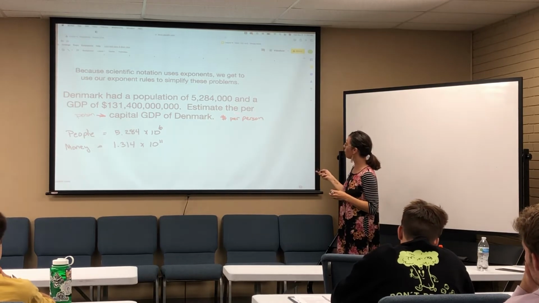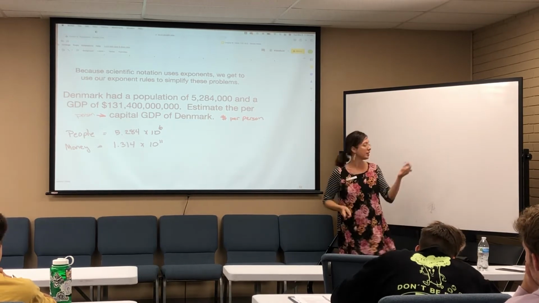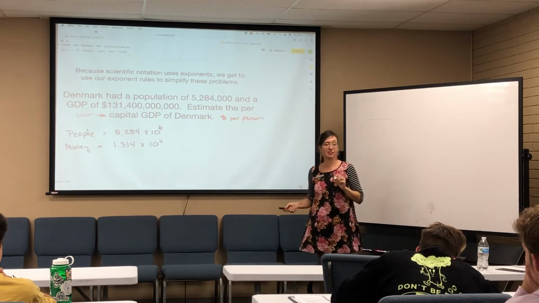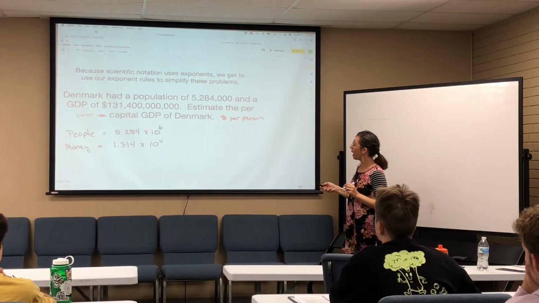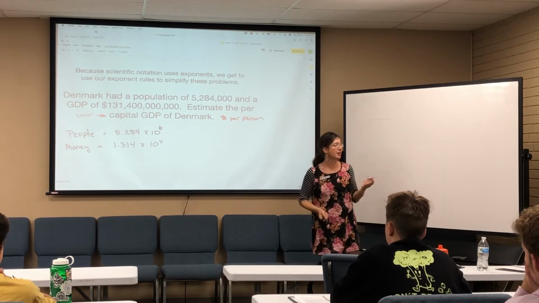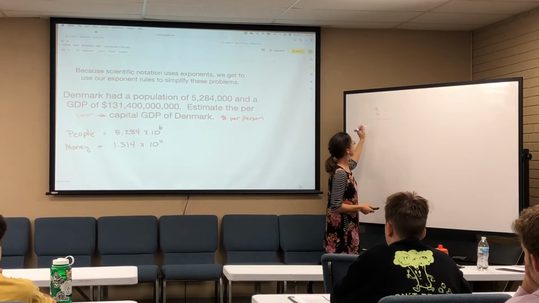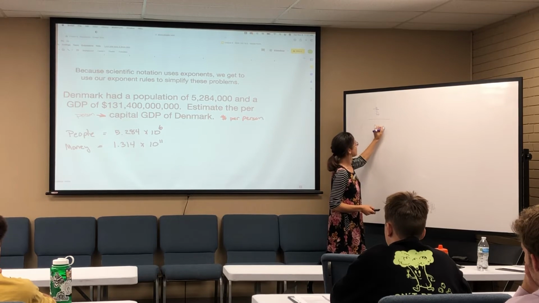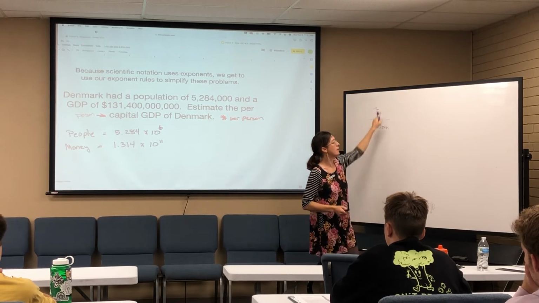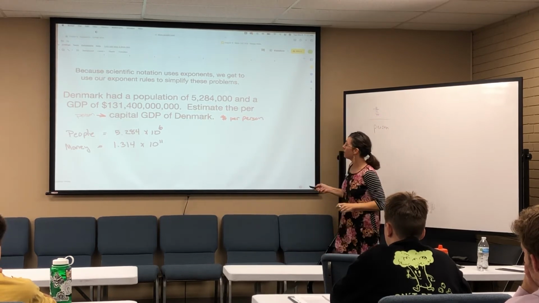Anytime we see the word per, it's going to be a fraction. Capita means person. So I'm looking at price per person. Okay, so I've got a fraction now, money on the top, people on the bottom, okay?